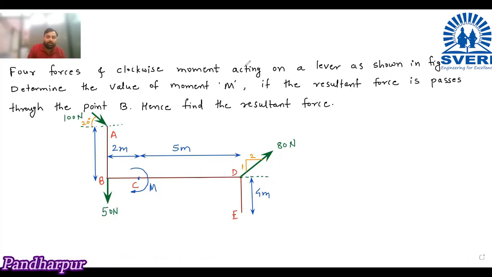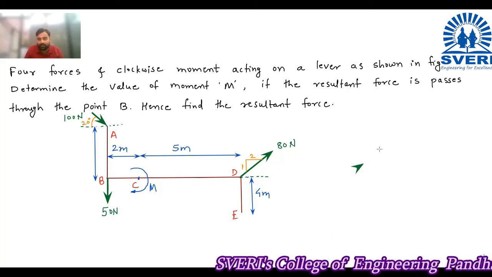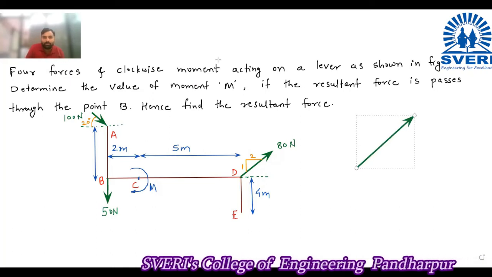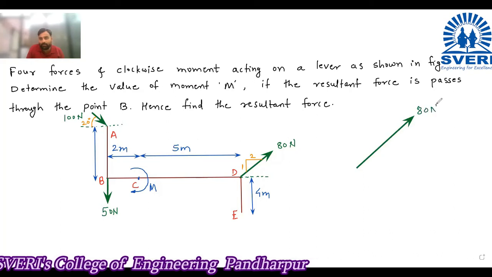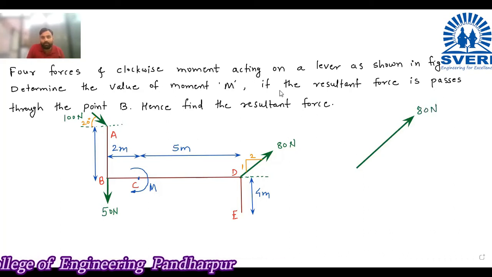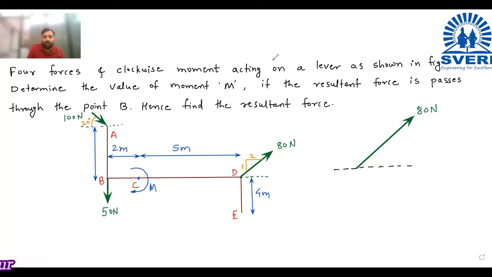Now here you can see we need to calculate this force angle. I will enlarge this force so that you will understand. I will draw it here. This is your force, and the magnitude is 80 Newton. Now if I draw the horizontal line here, they have not given us the angle.